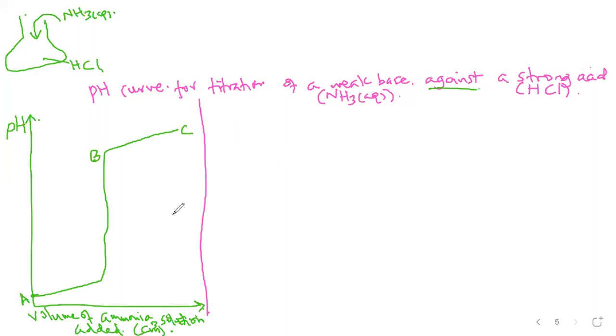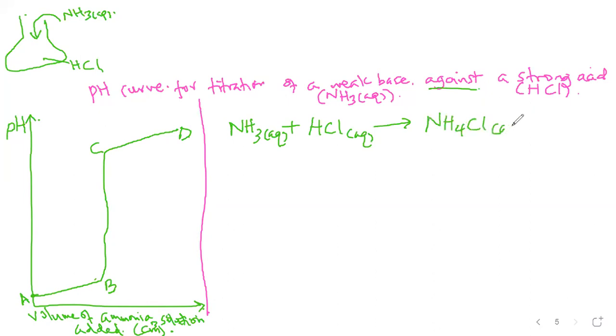Now, this is the point B. The point B is here. The point C is here. And the point D is there. Now, according to our equation for this reaction, it is ammonia aqueous, not ammonium hydroxide, reacting with hydrochloric acid solution to form ammonium chloride.